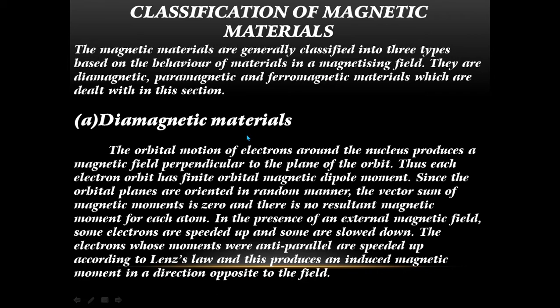First of all, we discuss diamagnetic materials. What is meant by diamagnetic materials? The orbital motion of electrons around the nucleus produces a magnetic field perpendicular to the plane of the orbit. Thus, each electron orbit has a finite orbital magnetic dipole moment.